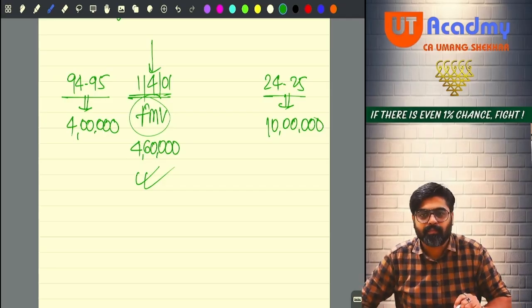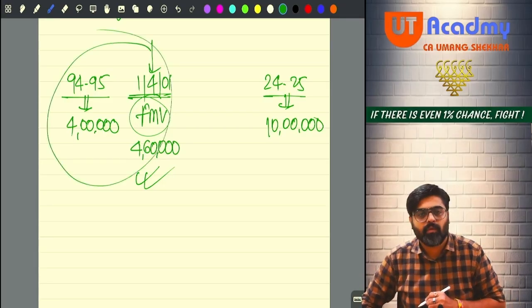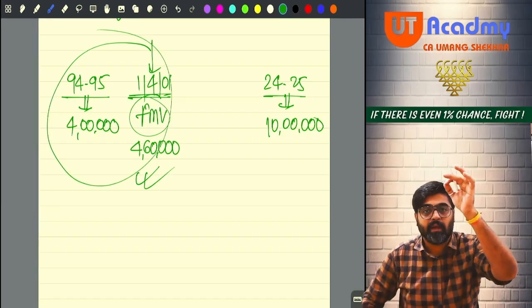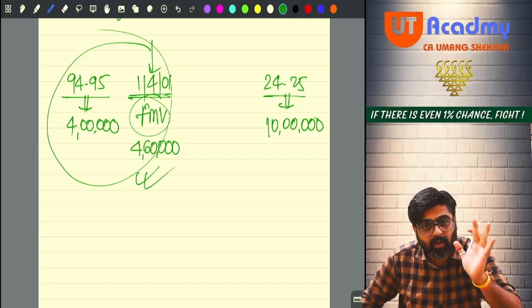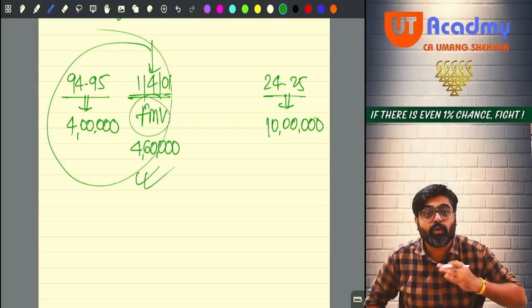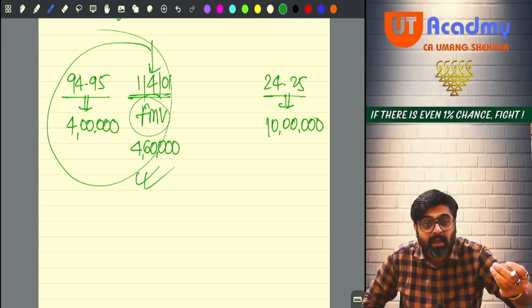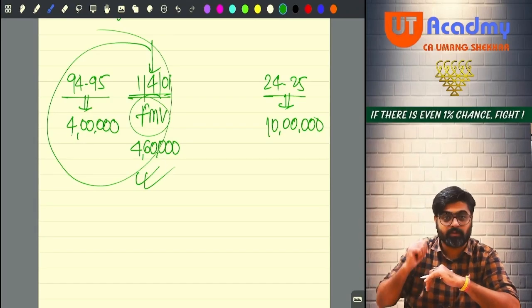Now tell me, don't you think any inflation which affected from 94-95 till 1st April 2001 is already taken care of in that fair market value? Now there is no need to give you indexation separately, or include inflation in your cost separately from 4 lakh onwards.